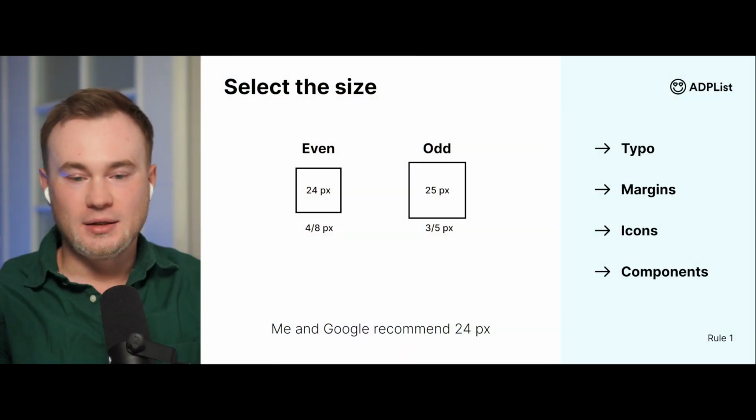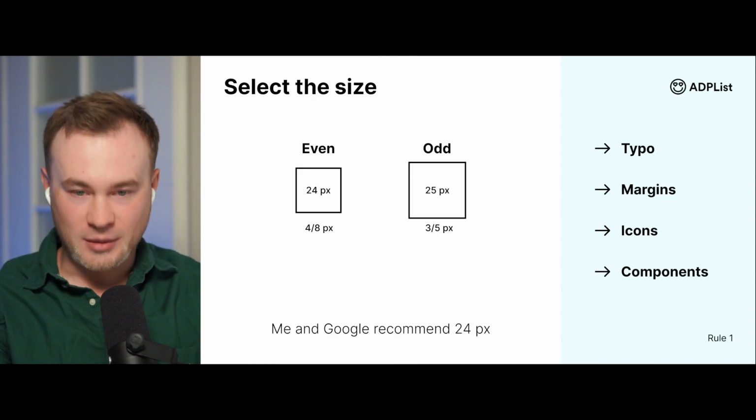Okay, let's start. First rule, there will be 12 rules and some additional tips for those who stay to the end of this lecture. So, everything in your design system starts with a base cell. A base cell can be even numbers or odd numbers, depending on the project.